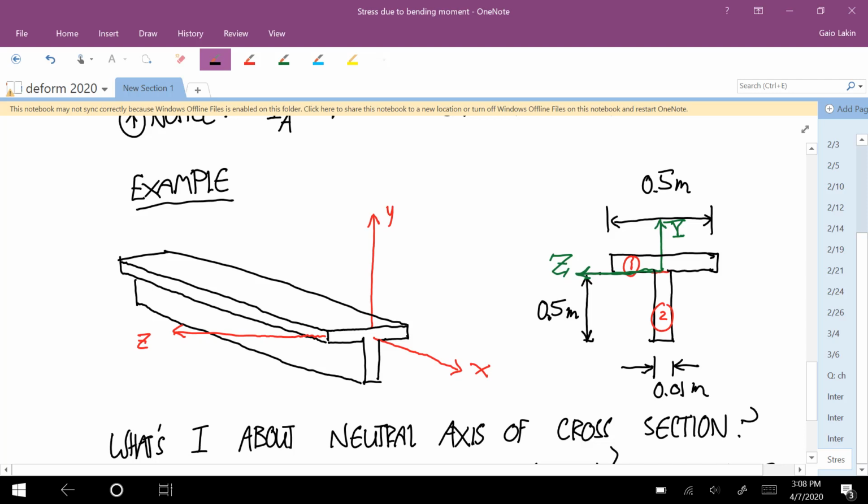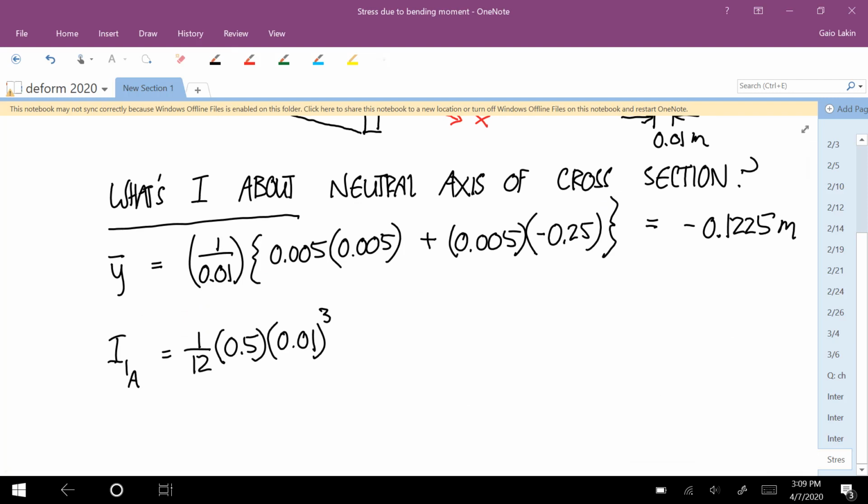So now we have to figure out how far you have to go from the neutral axis of the individual rectangle to the neutral axis of the whole shape. So we'd have to go down 0.005 from the centroid of the rectangle to get to the green origin, and then we'd have to go down another 0.1225.